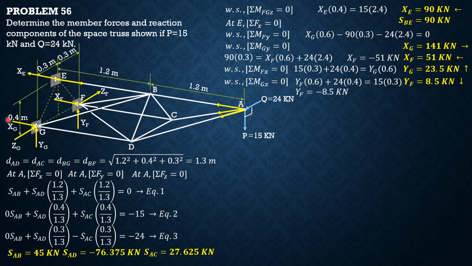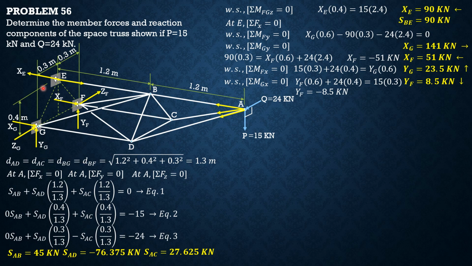So let's check the whole system. XG is 141 rightward minus XF 51 leftward. So 141 minus 51 is 90. Then minus 90 is 0. So the whole system with respect to reactions along X is in equilibrium.